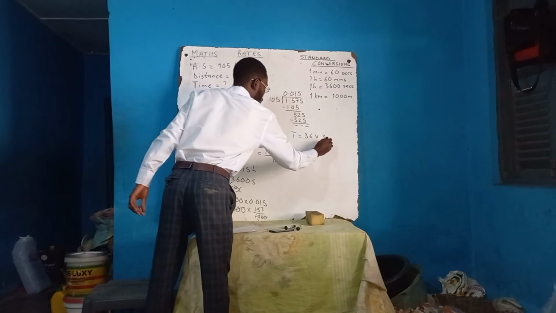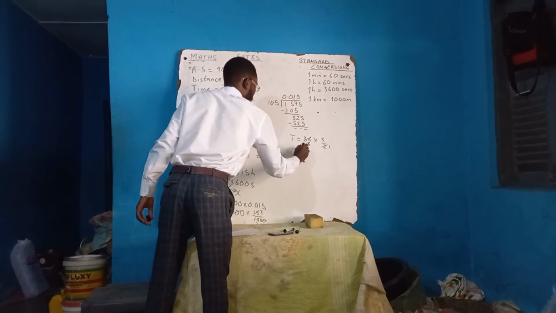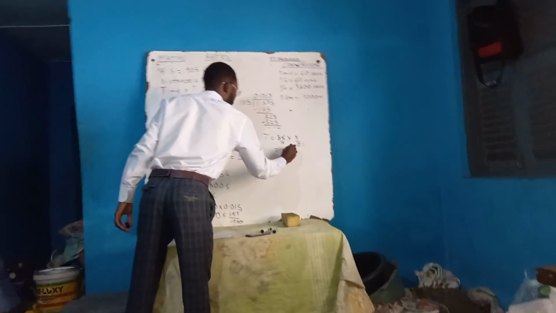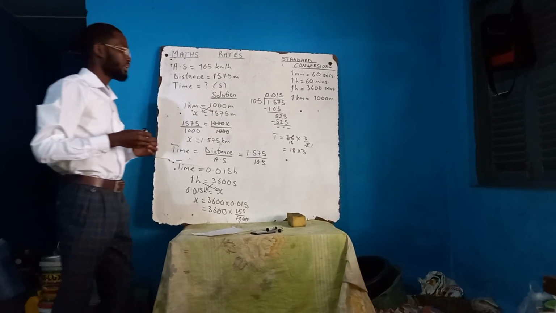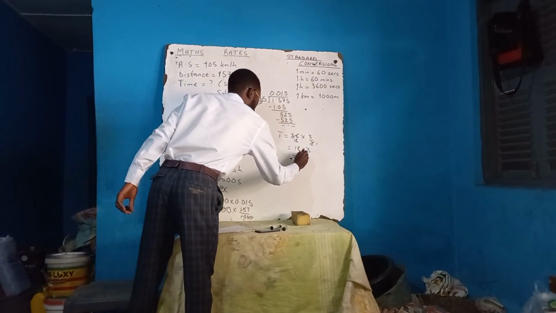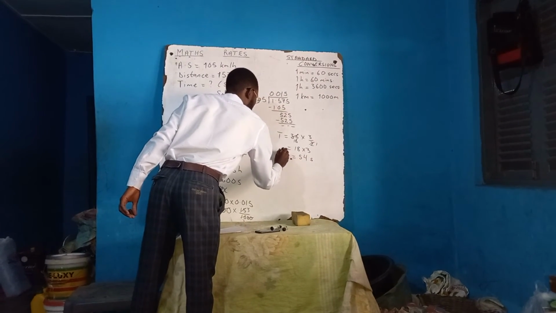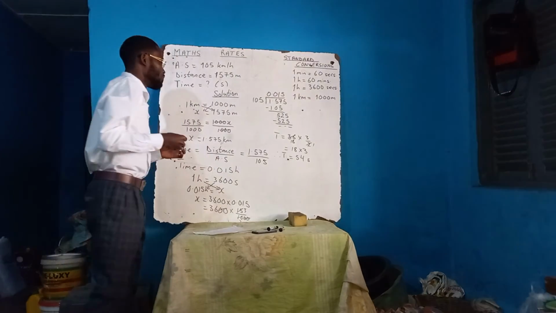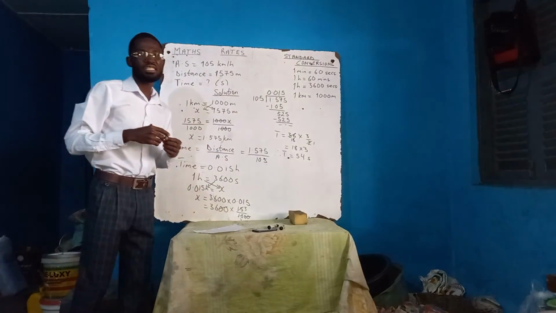And 2 goes into itself once, and 36 18 times. So we are going to have 18 times 3. Multiplying 18 by 3 gives us 54 seconds. So therefore, our time translates to give us 54 seconds.